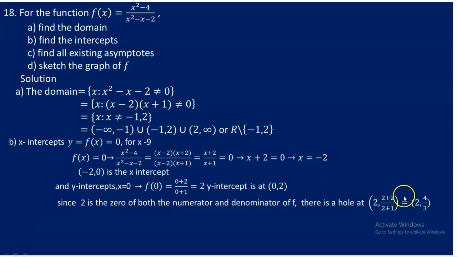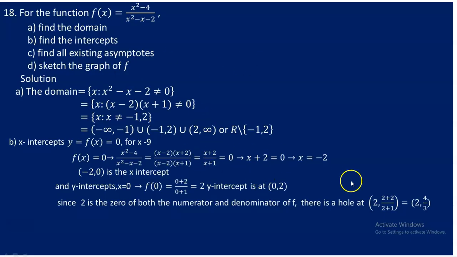By the way, if you didn't have a hole here, you see, the graph of this is not the graph of this one, okay? What we are going to do is sketch the graph of the function f of x or g of x equal to (x plus 2) over (x plus 1). And so long as you are having this hole at (2, 4 over 3), this graph will be the graph of the original function, not the graph of the simplified one.